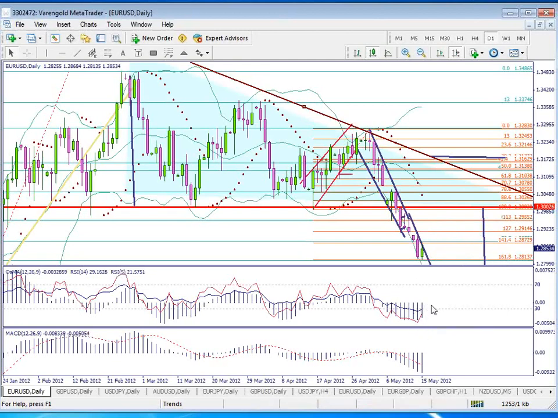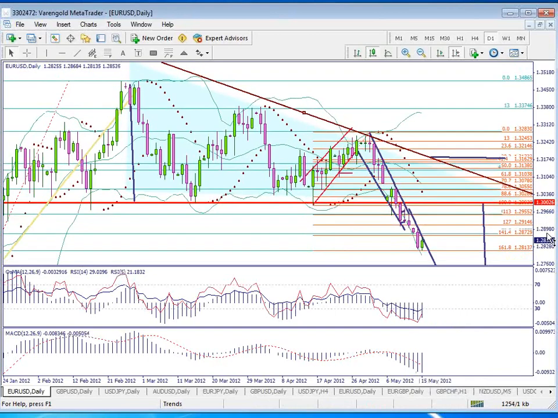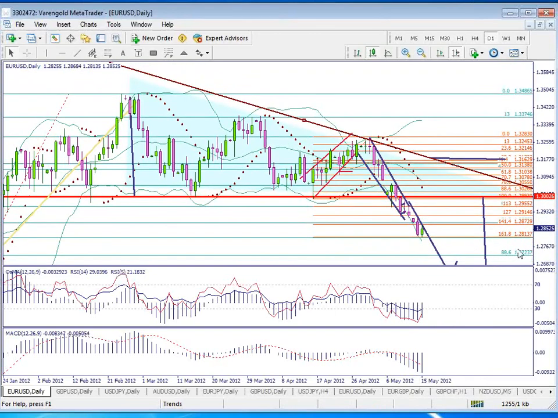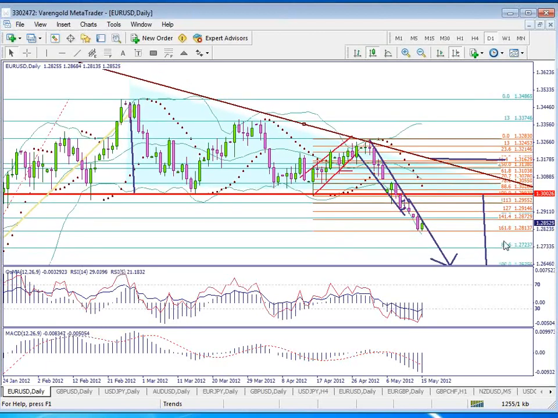I don't have yet a signal on daily. I don't have yet the confirmation from MACD. So I have a lot of chance that my pair will go to test this 88.6 level or lower.